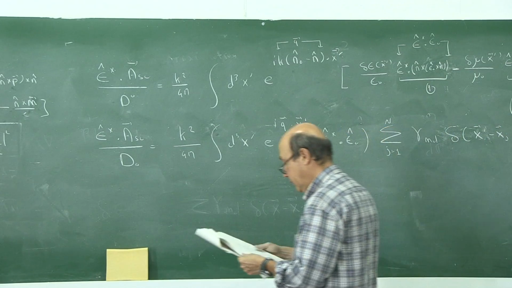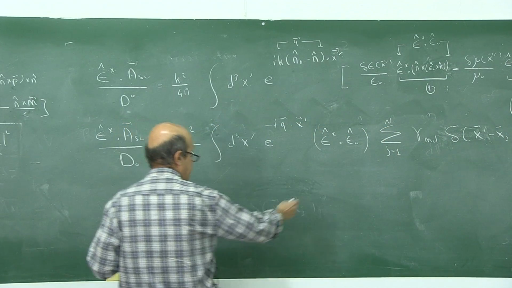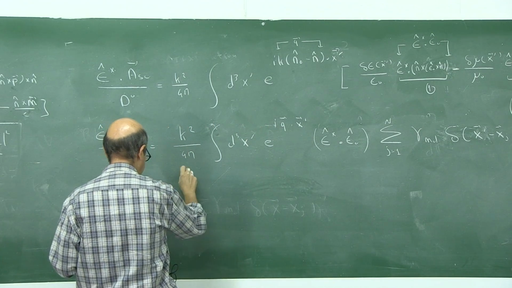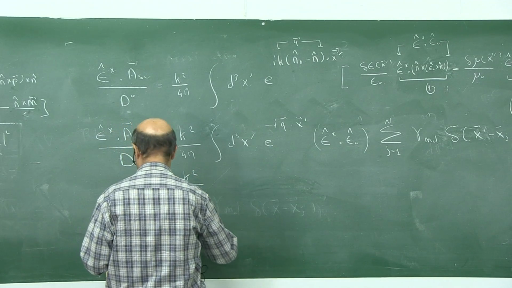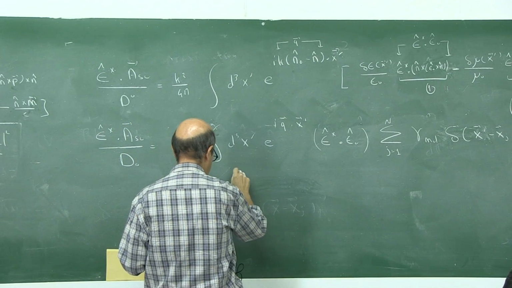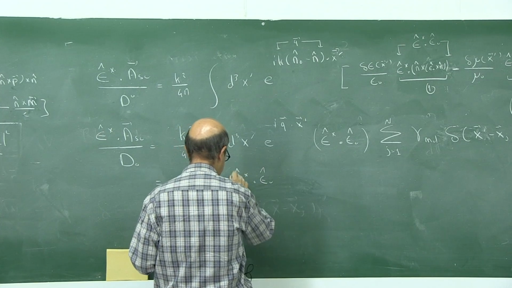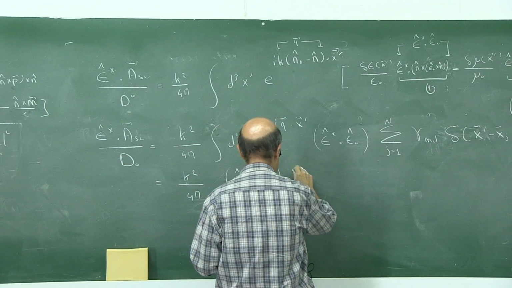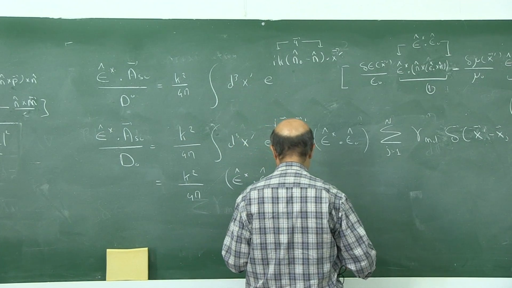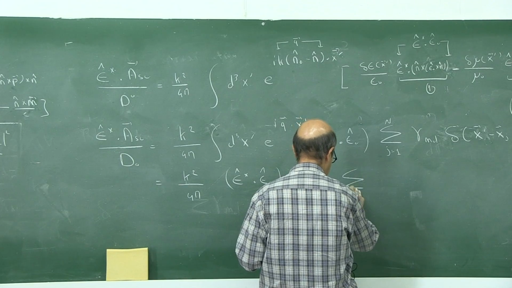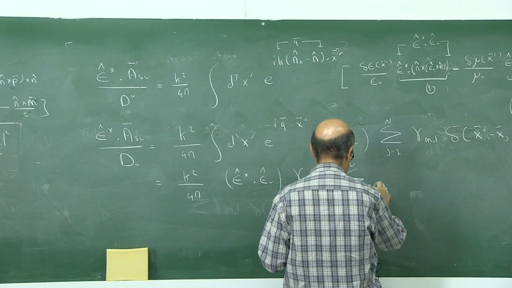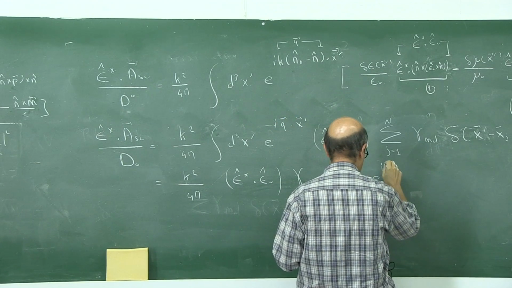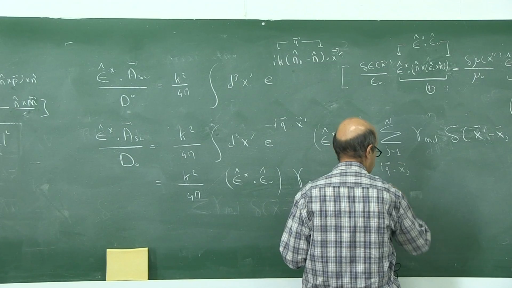So if you take this integral, you will end up taking this summation outside and taking the integral. The result will be k square over 4 pi, epsilon complex conjugate at epsilon 0, gamma, summation j from 1 to n of e to the I q dot xj.